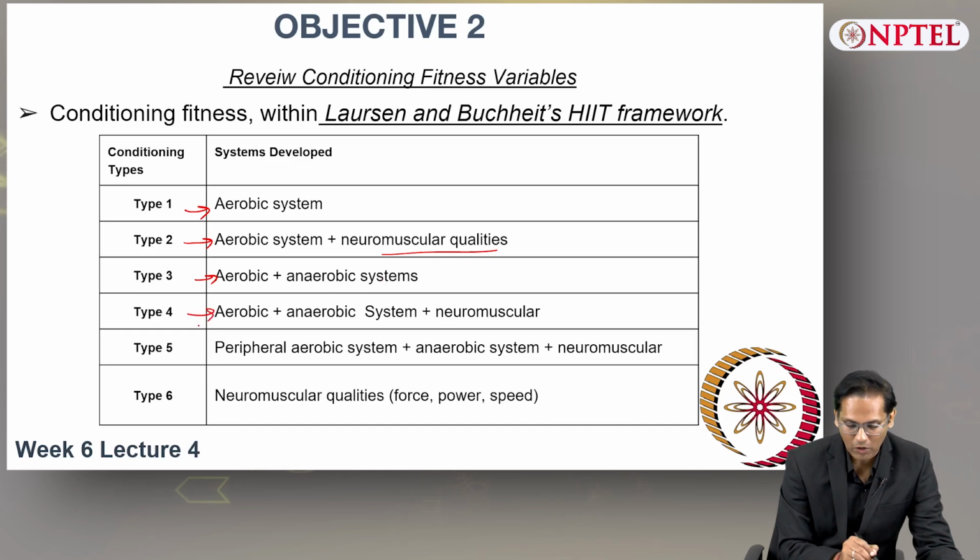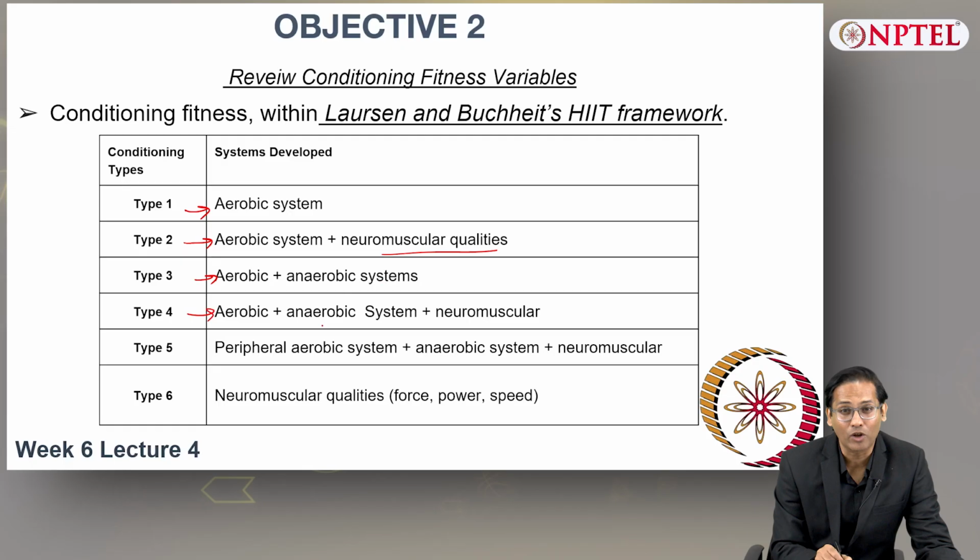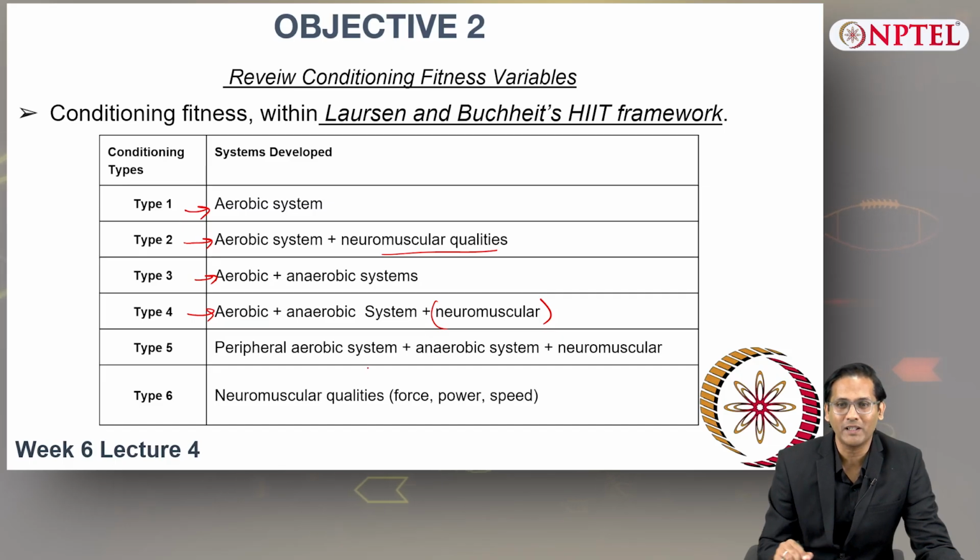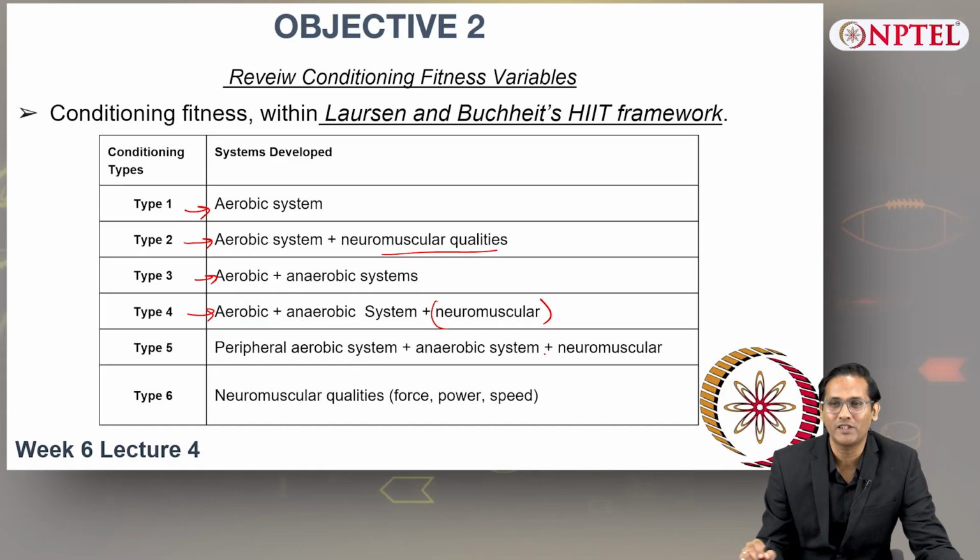Type 4, you develop aerobic conditioning, anaerobic conditioning and neuromuscular capability. Type 5, you focus on improving peripheral aerobic conditioning, anaerobic conditioning and neuromuscular ability. And type 6, you develop only neuromuscular ability.